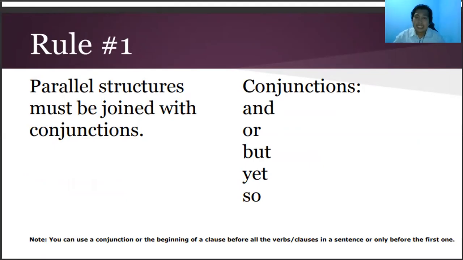Conjunctions connect or combine words, phrases, or clauses. So the function or the purpose of a conjunction is to combine or connect. Parallel structures must be joined with and, or, but, yet, so. Understood?